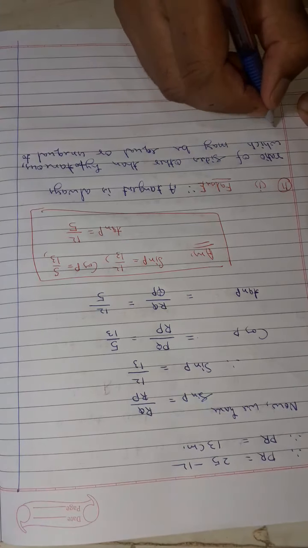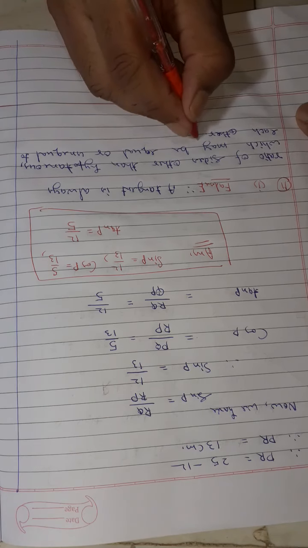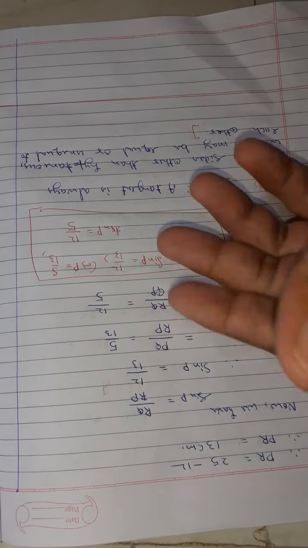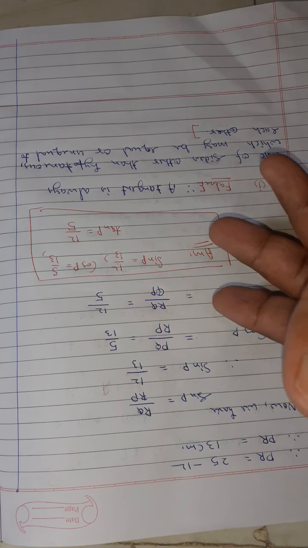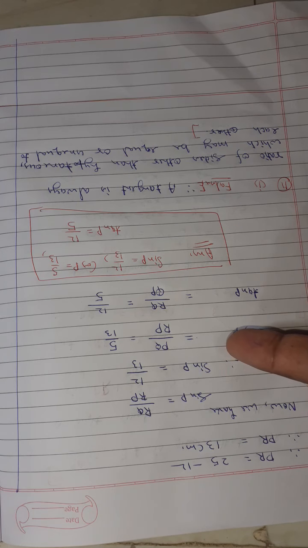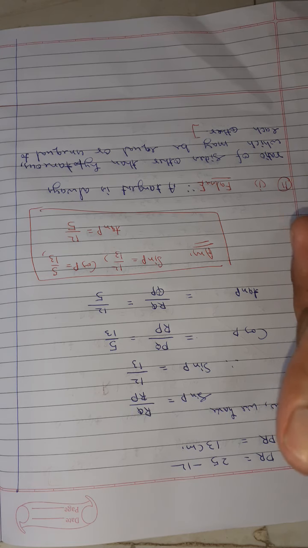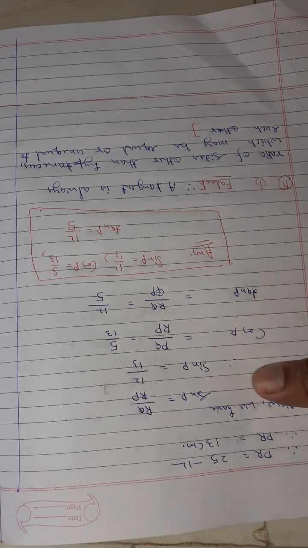So this is the reason behind it. Clear? The sides may be equal or unequal, so the ratio will be always less than 1. So the value of tan A will be always less than 1.